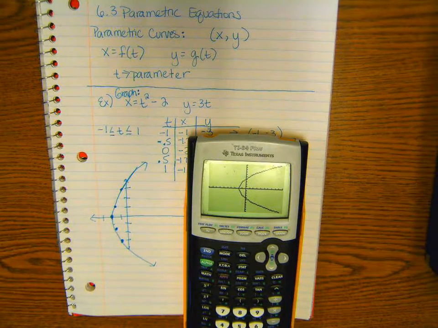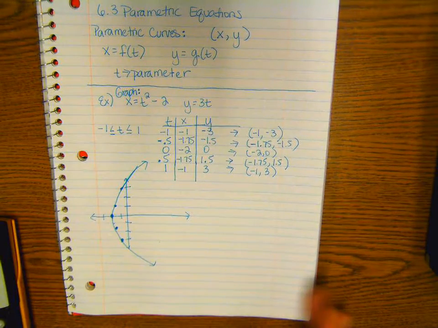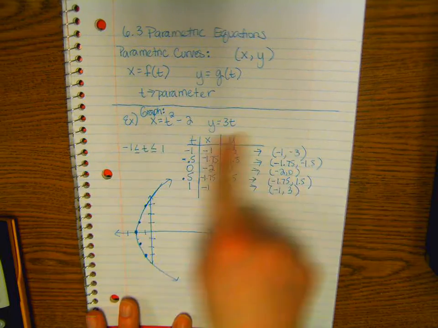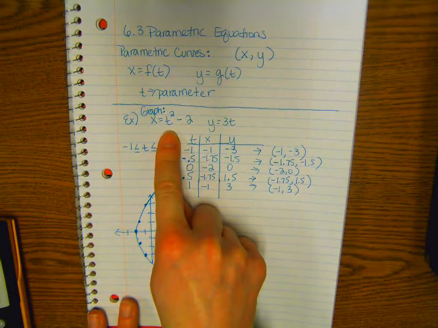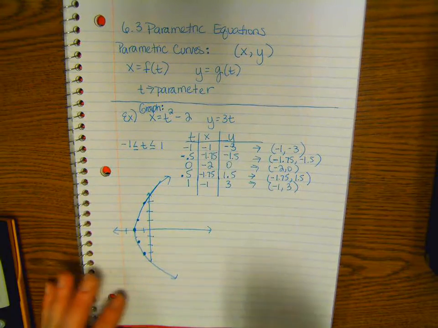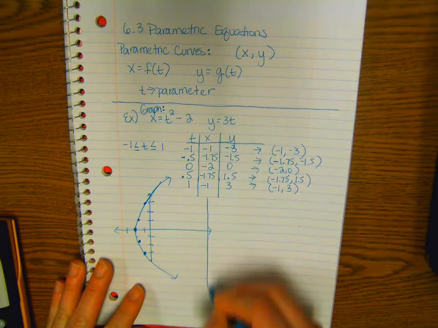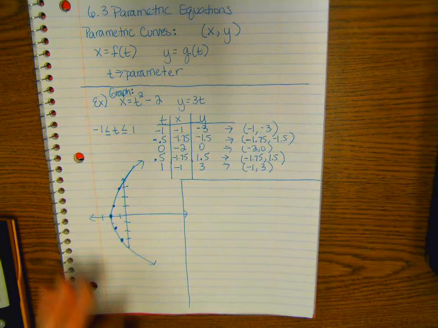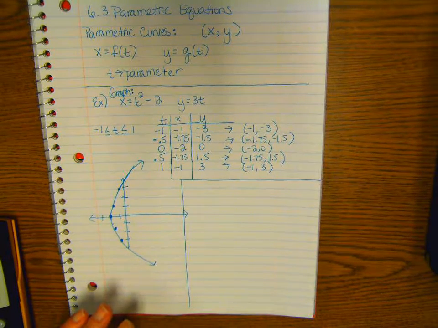Okay. Then the last thing we're going to talk about is how do I get from this, which is parametric mode, to a function, and we call this eliminating the parameter. So what's the parameter again? t. And so if I ask you to eliminate the parameter, all that means is get rid of t.